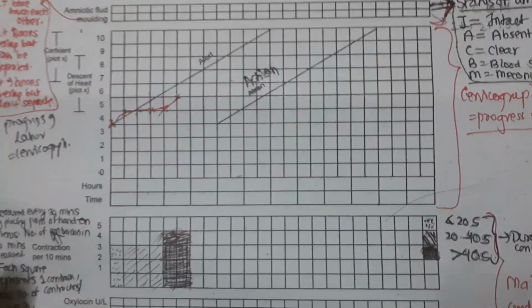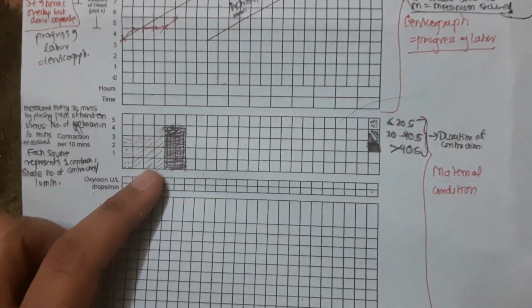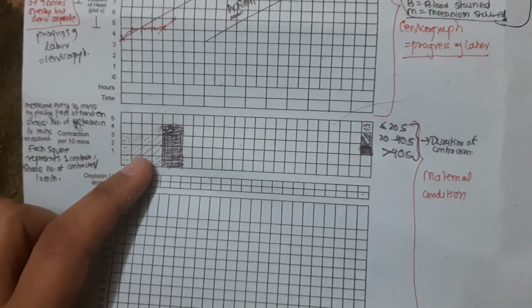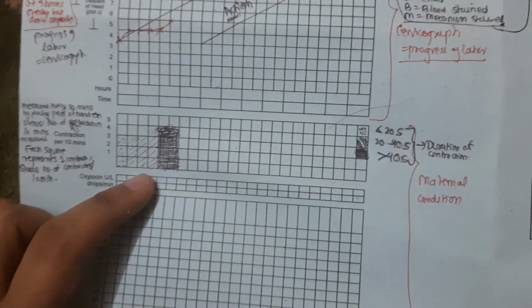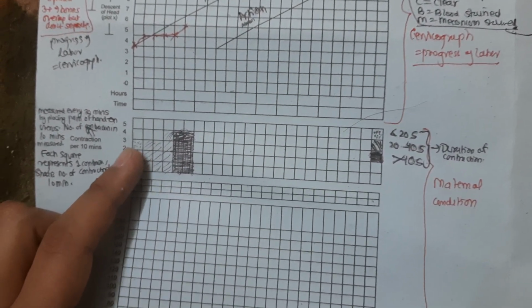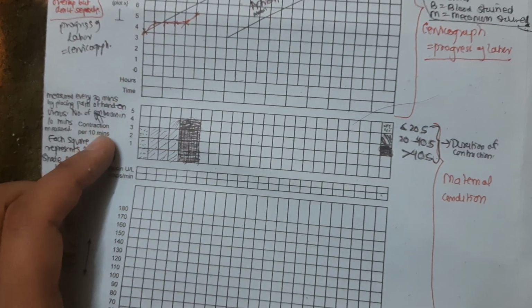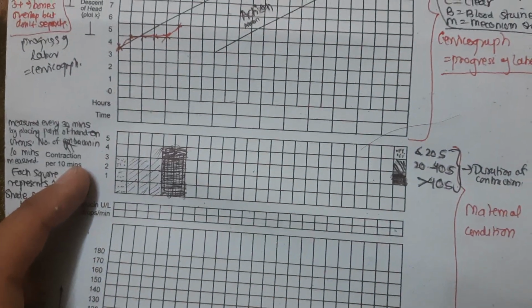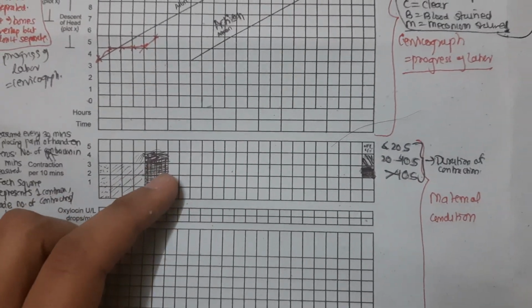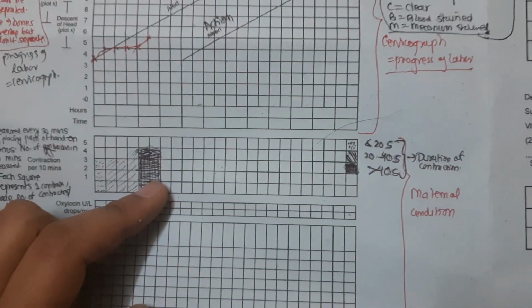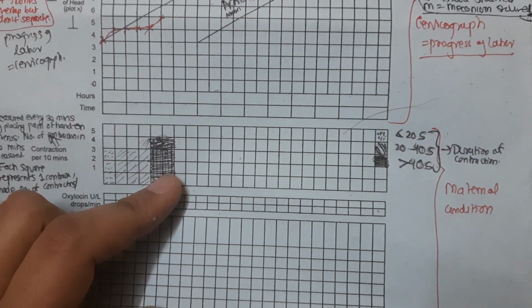After that cervical graph, we have the information about the contractions of the uterus in 10 minutes. The squares in the vertical column are shaded according to the duration and intensity of the contractions of the uterus.